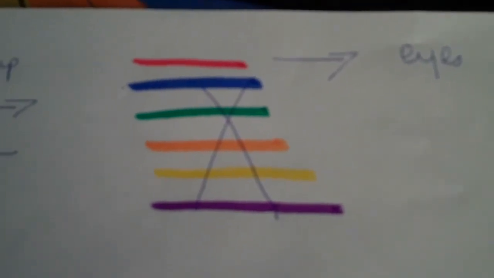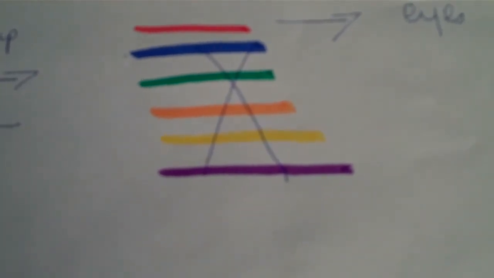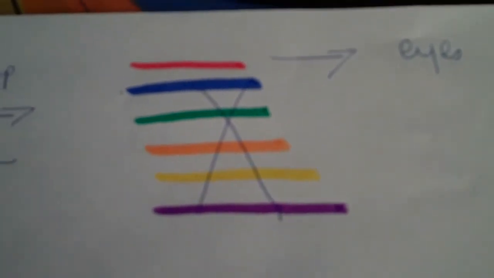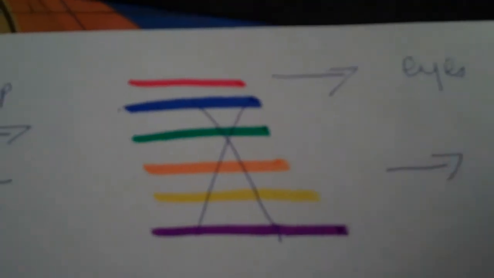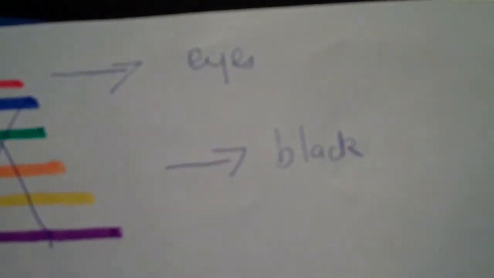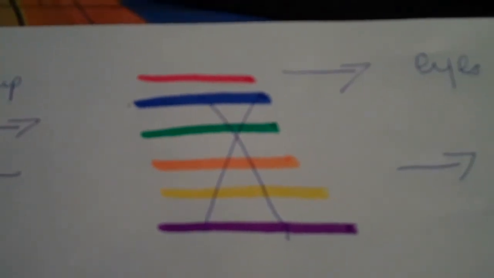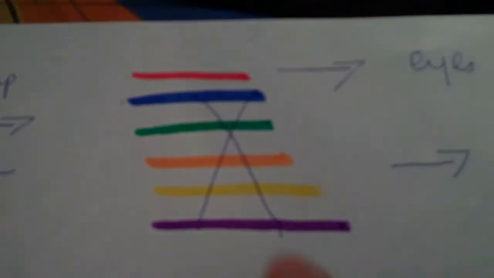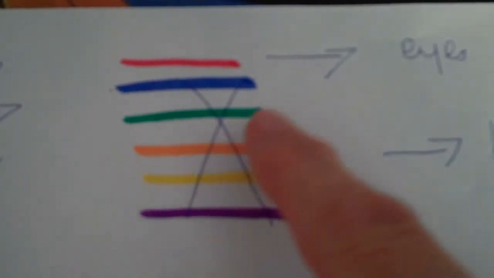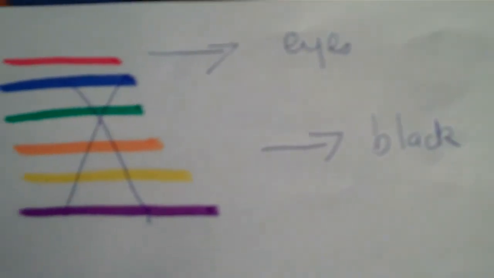Now the blue food coloring and the red food coloring don't completely absorb, but when we add food colorings together, the more that we add, the more light gets absorbed, and we end up with black, which is no colors being sent to our eyes. So the more colors we add, the more colors are being absorbed, the less light is going to your eye. We end up with a much darker solution.